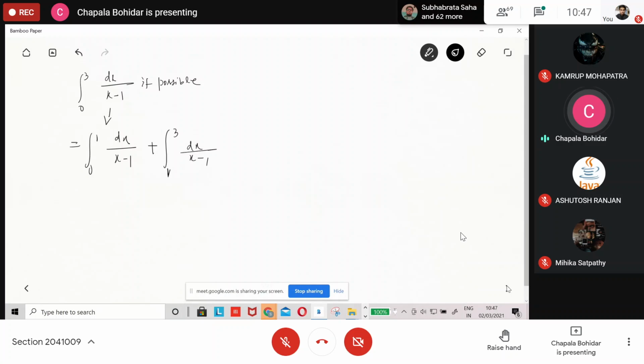So what we will write here is limit t tends to 1 minus of the integral from 0 to t of dx by x minus 1, plus limit, here it is 1 on the lower, t tends to 1 plus of the integral from t to 3 of dx by x minus 1. I can write down this way.